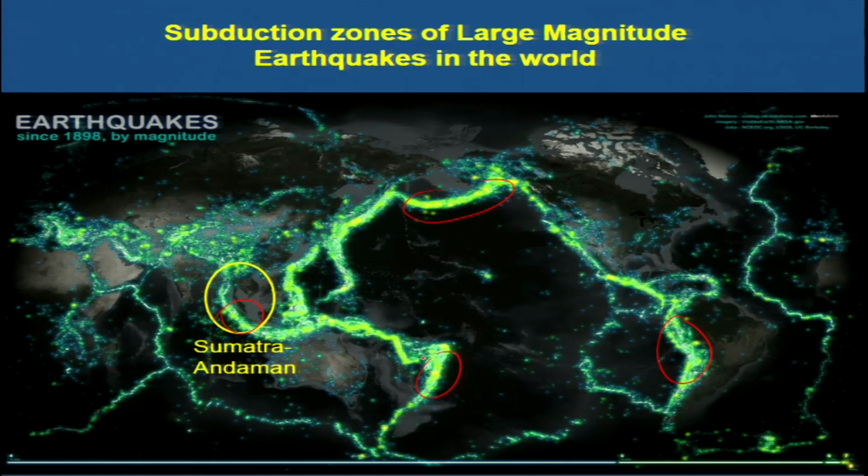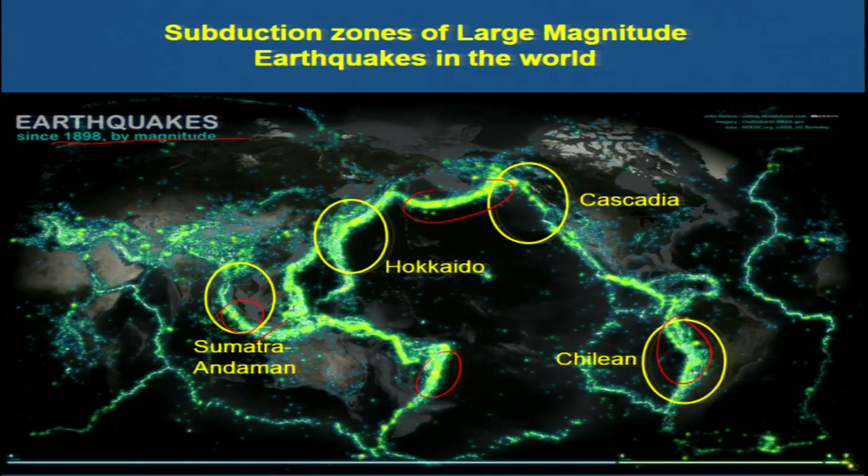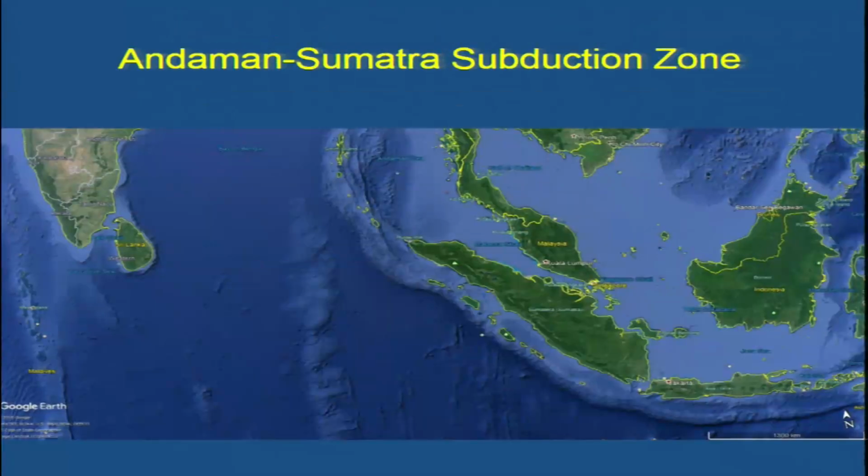Those regions are indicating the zone of large magnitude earthquakes or the highest seismic activities. These are the earthquakes since 1898. This is the Andaman Sumatra, as I already explained. This is Hokkaido Honshu, this is Cascadia, and this is the Chilean subduction zone. So, that's the reason for the large magnitude earthquakes along these subduction zones.